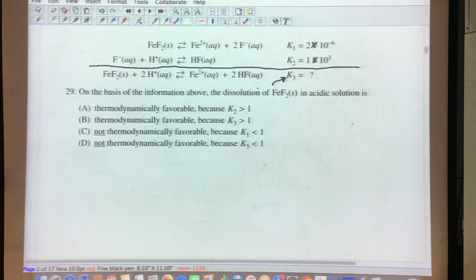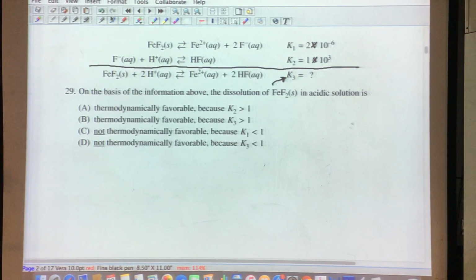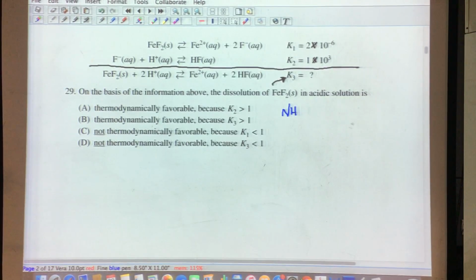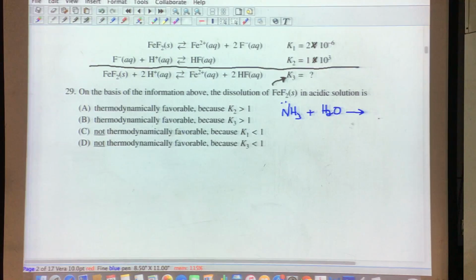You say, well, Mr. Grodsky, where did we ever do that? Well, we did do that in derivation. I showed you NH3 in water. That's a weak base. It pulls an H away from the water, ionizes it, makes the hydroxide, and it makes the NH4 plus. And this would have a Kb.